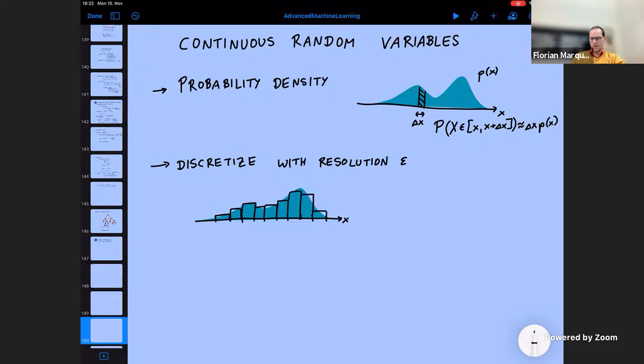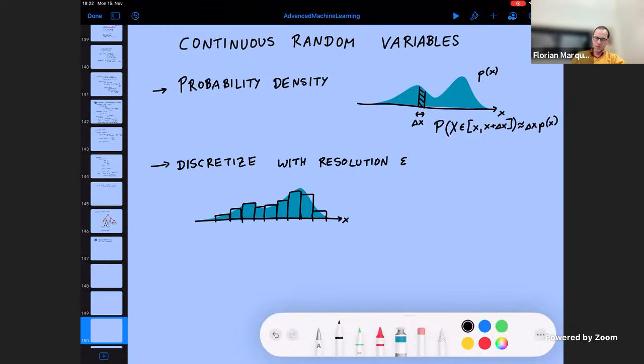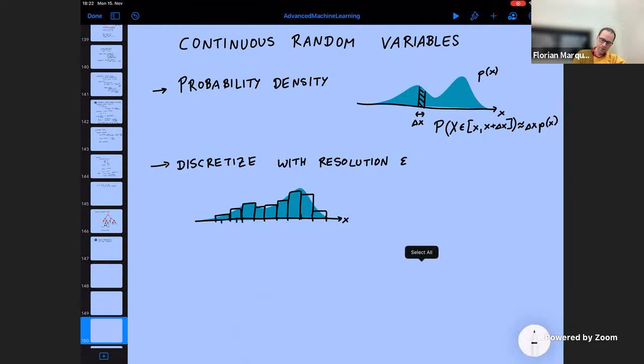Okay. And so now I have a new discrete random variable. This was size epsilon. And I can say my probability to get the value j of this new discrete variable depends on what's the probability density around j. So if epsilon is small enough, it's just epsilon times the density at xj. Okay.